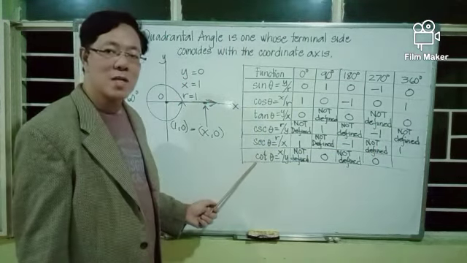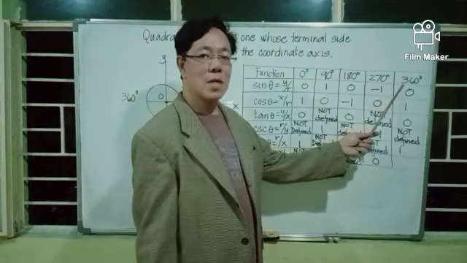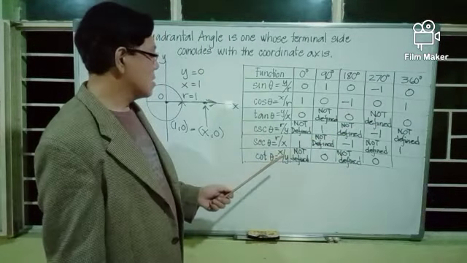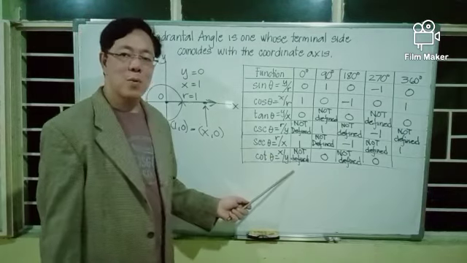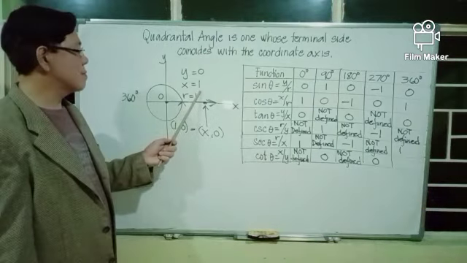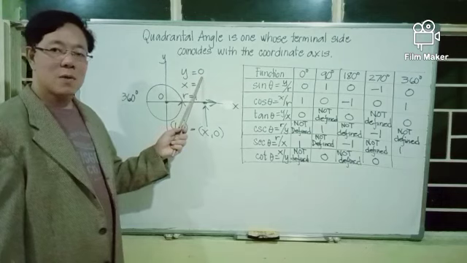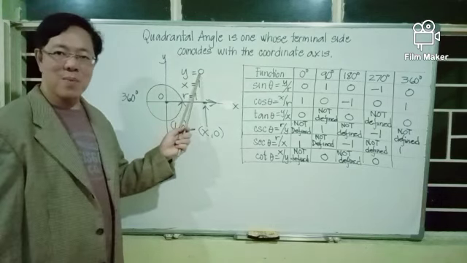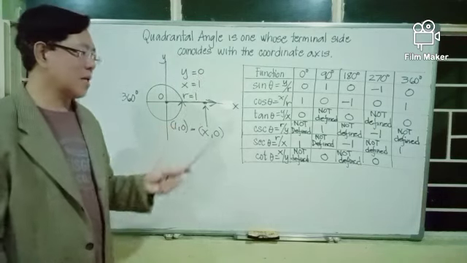Finally, the cotangent of 360 degrees is given by x over y, where x is 1 and y is 0. And 1 divided by 0 is not defined.